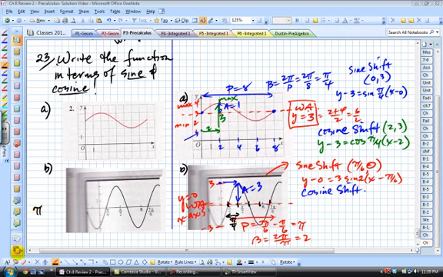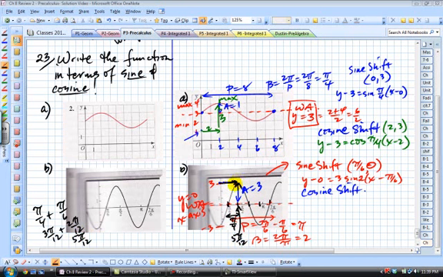So right here, let's just calculate that. Pi fourths plus pi 6, and the common denominator is 12, so 3 pi 12 plus 2 pi 12 equals 5 pi 12. So that is 5 pi 12, right up here to get to the maximum.